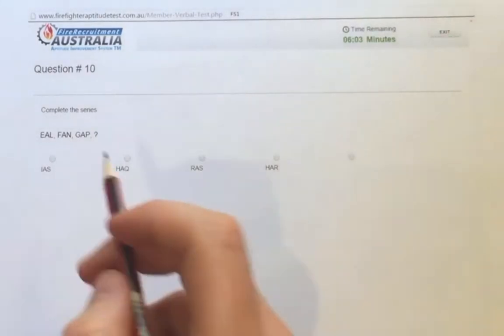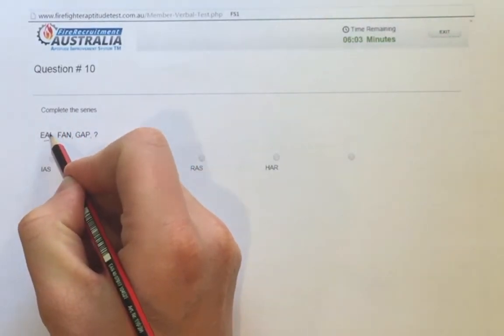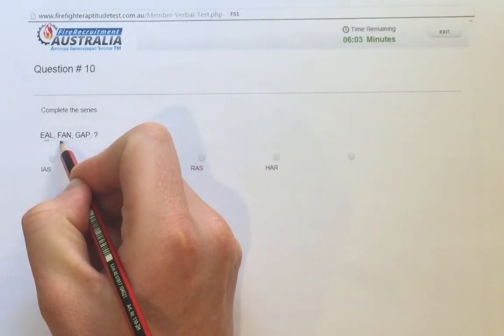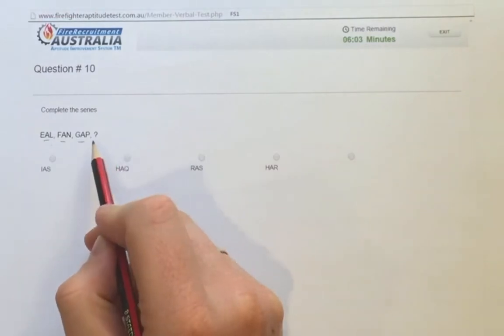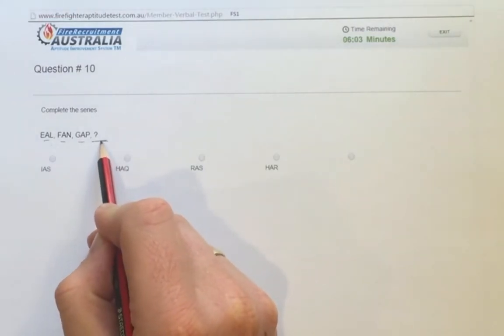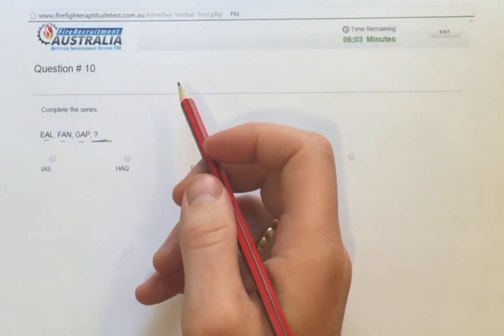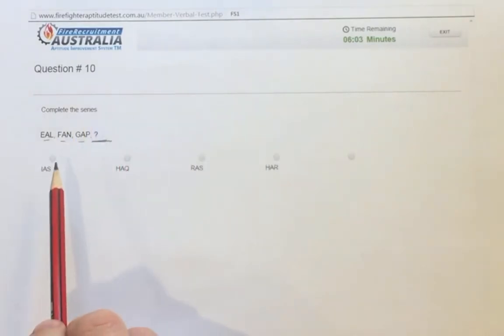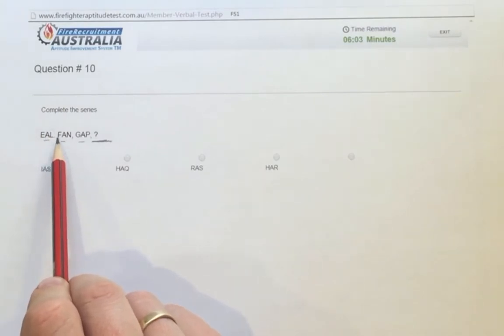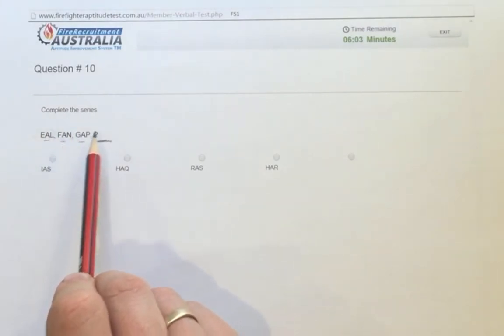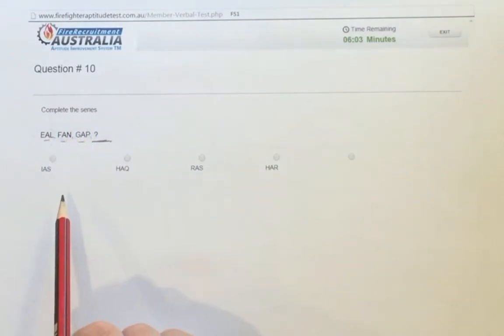The first thing I notice is that each of these has an A in the middle, and it wants us to say what the next series of letters is.